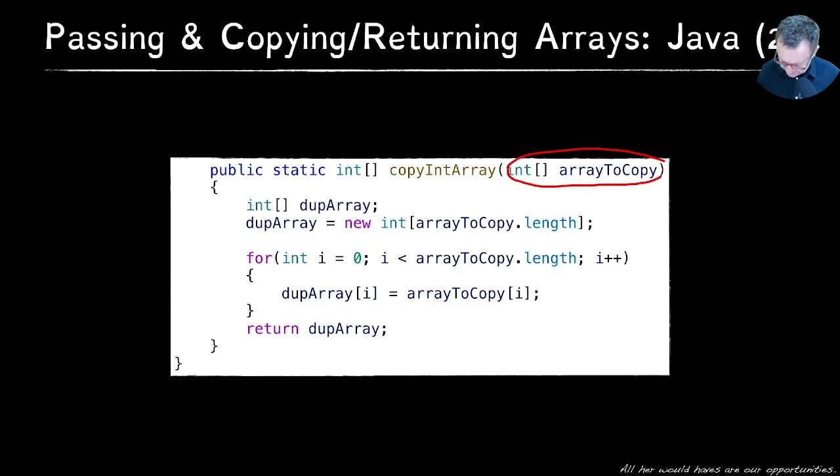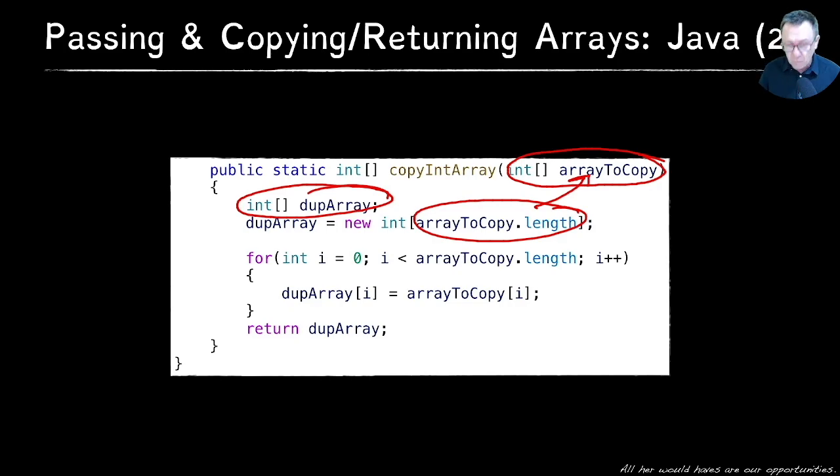So the array comes in, and now I've made a new array of equal length to this array. Now what you'll see I'm doing is, I take the array to copy, and as I loop through, I'm assigning each element into the duplicate array. And then I return the array.